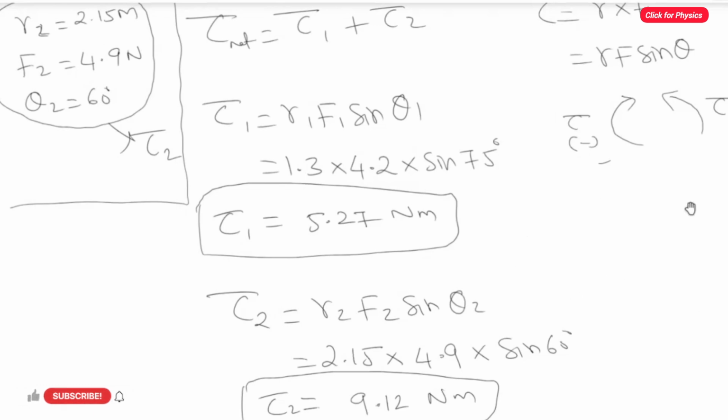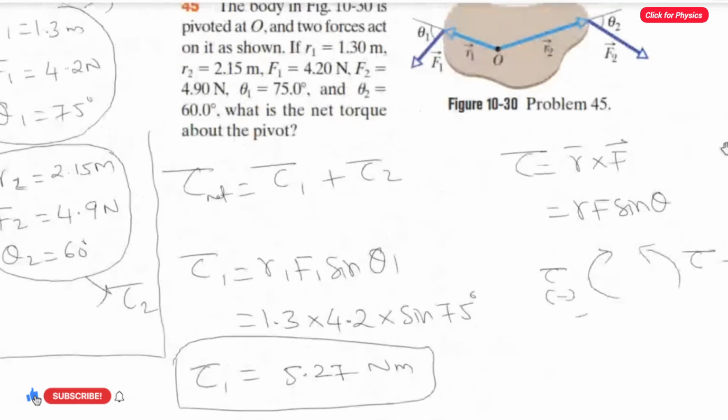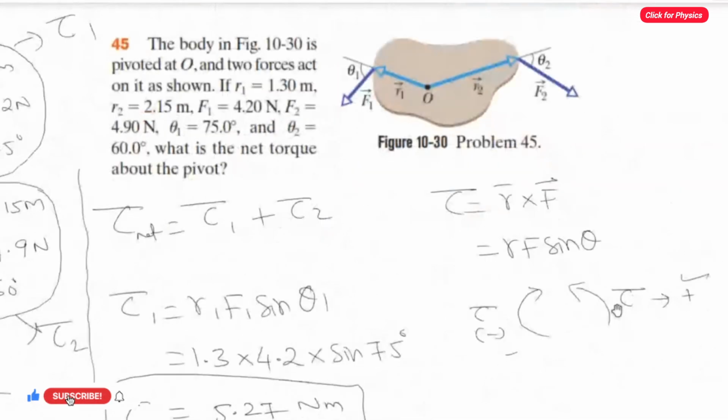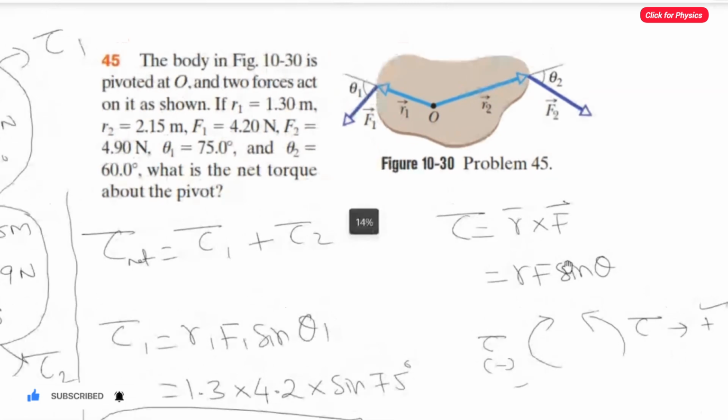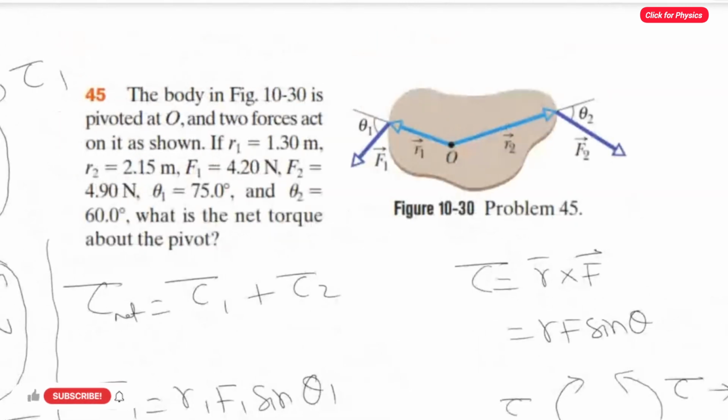Now the most important thing, we have to find the direction of the torque. As I already mentioned earlier, if the torque is in the counterclockwise direction, it will take the positive value. If the torque is in the clockwise direction, it will have the negative value. So let's see the figure closely. First of all, I'm going to consider torque tau 1. You can see R1 and F1.